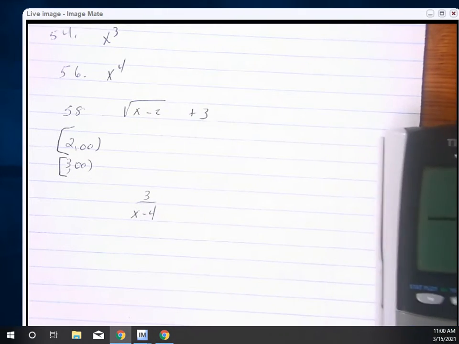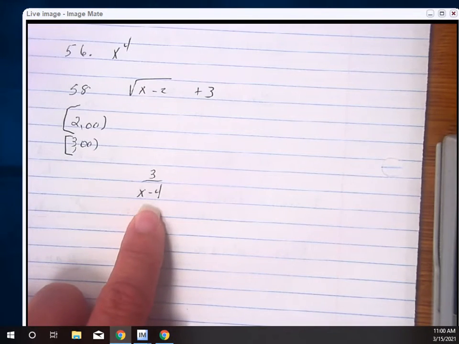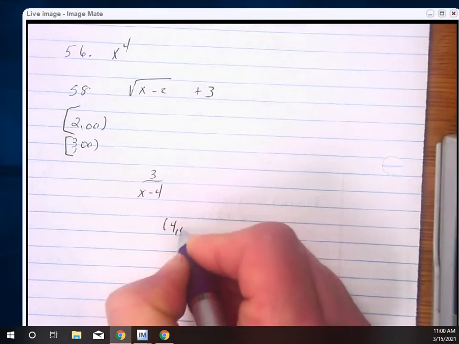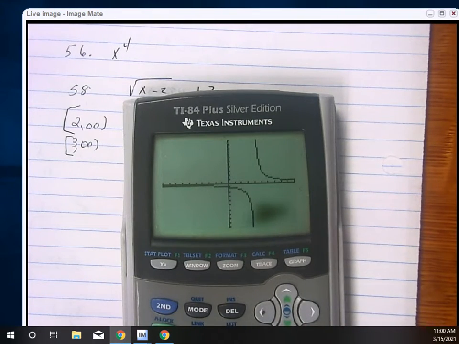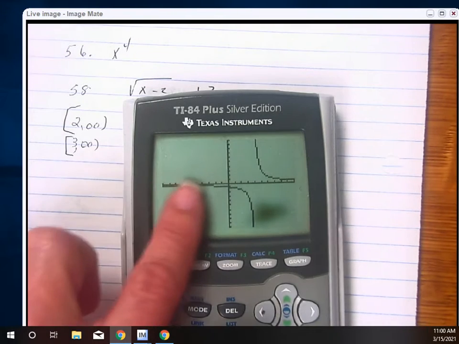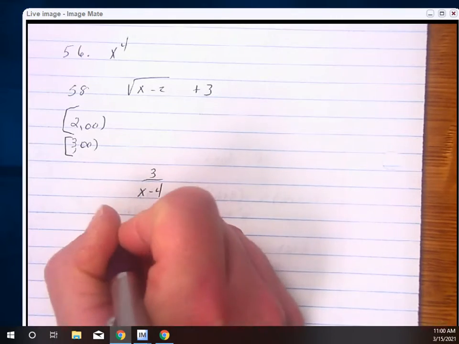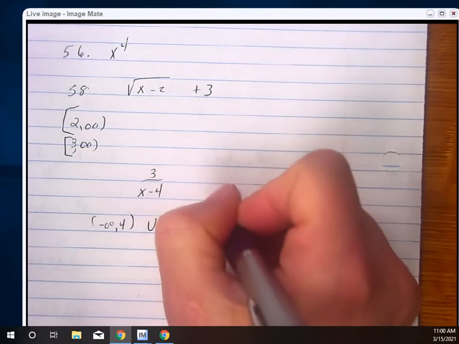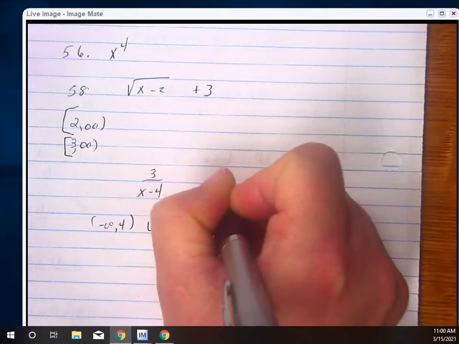What cannot be in the domain? The 4. X cannot be 4 because you're dividing. So we already know that we're going 4 to infinity. That's the right hand of the graph. What's the left hand of the graph? Negative infinity to 4. Or if you don't want to write it in interval notation, x such that x cannot equal 4. So set builder notation.